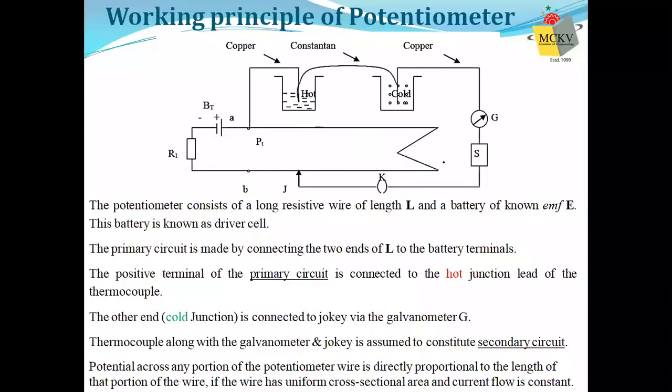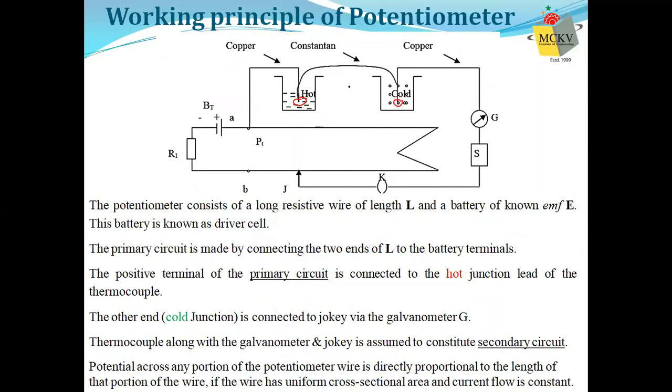Now the apparatus used. This is the thermocouple. You can see the copper constantan wire. You can see this is the junction, kept in, let's say, a beaker where the water is boiling or hot. So this junction is the hot junction and this junction is the cold junction.